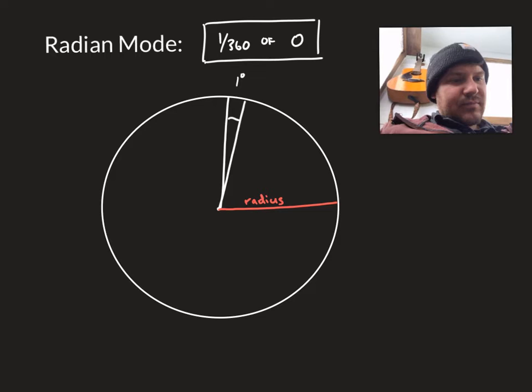And a radian is the amount of rotation you get when you move around the circle 1 radius's amount. So this length is a radius.